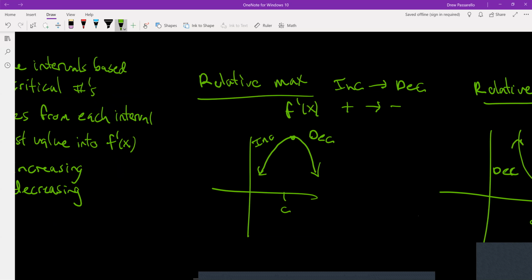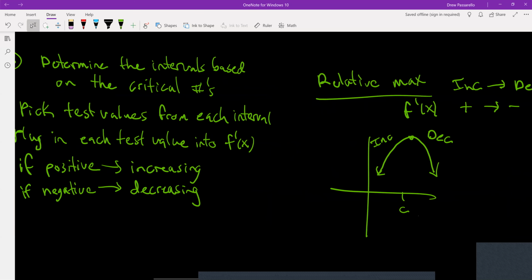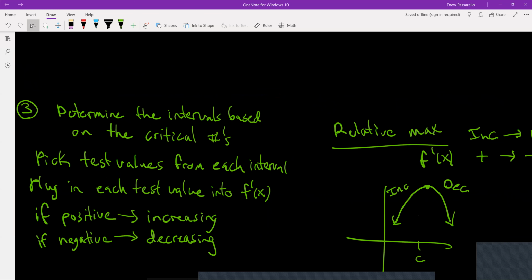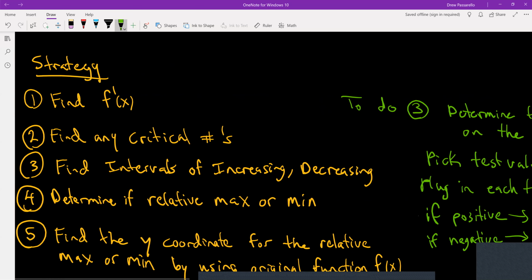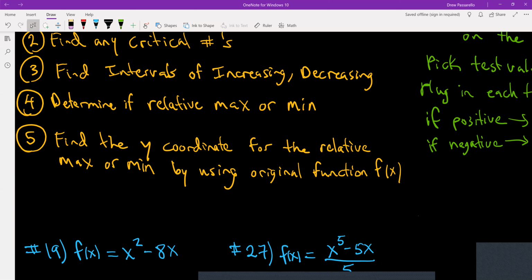Right, that's how you're going to determine whether it's a relative min or relative max. So that's the specifics for step 4. The last thing we do is, after you determine whether that critical number is a relative max or min, you need to find the y coordinate that corresponds with that max or min. And make sure you plug it into the original function.